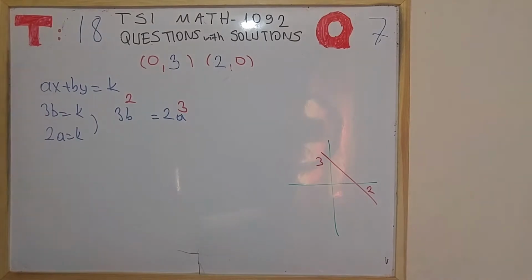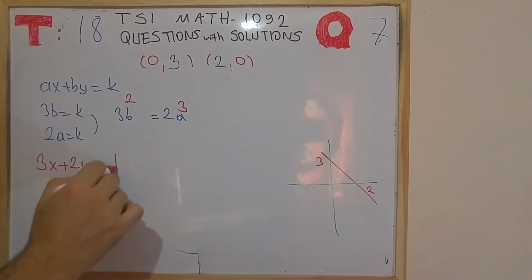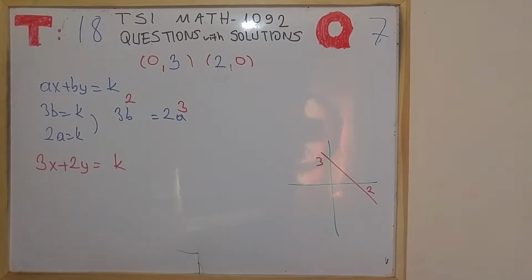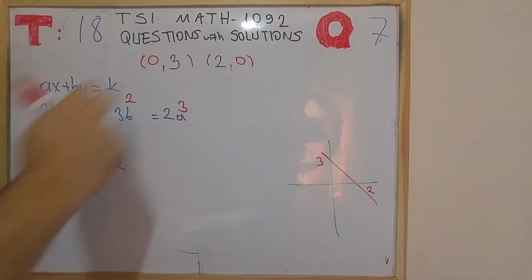So I can value it now. The function must be something like b is equal to 2, a is equal to 3. So this is 3x plus 2y is equal to a constant of k. What I need to find out now is just the constant k. How do I do it? I just find one of these points and value that.